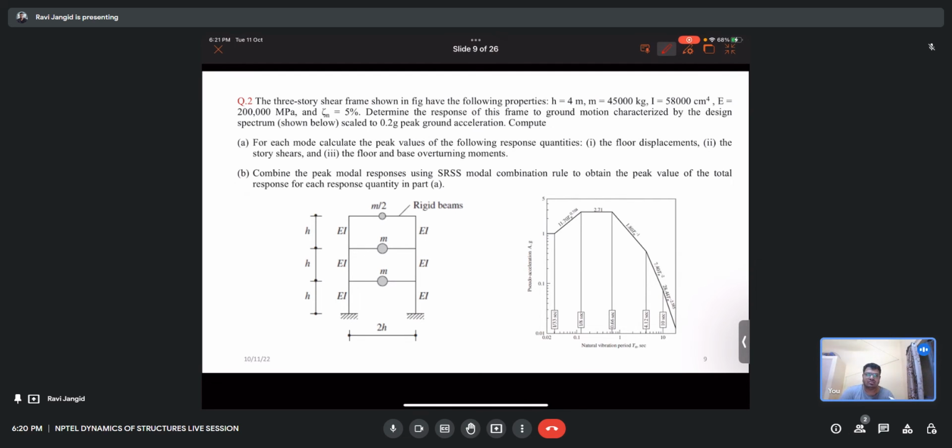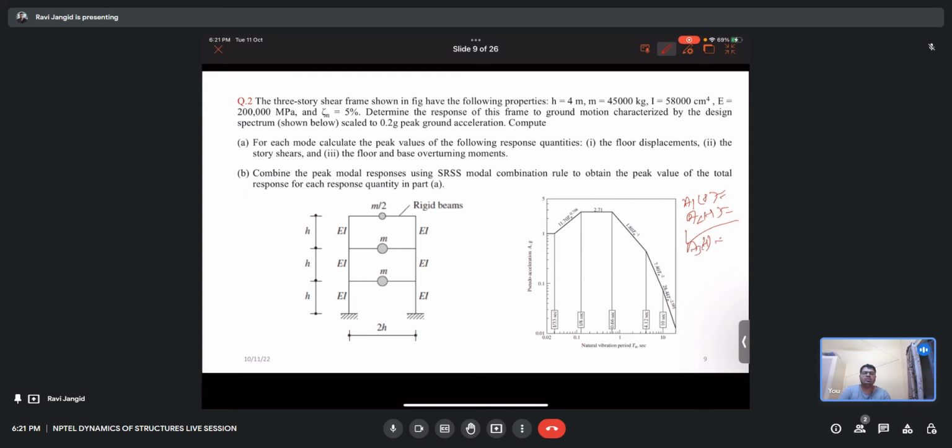In this, it is the same question that I discussed previously, only the thing that has changed is that I have provided the response spectra. So whenever you are using A and T, you can find the corresponding value of A1 here, A2 here, and A3 here, and just replace from here.